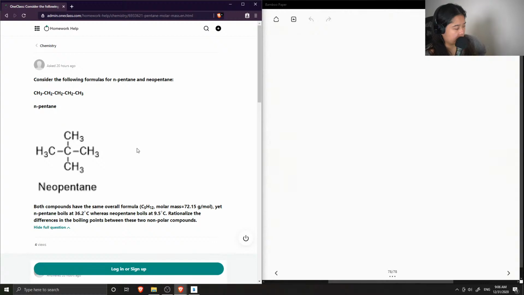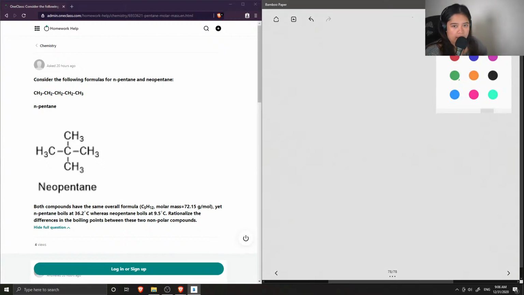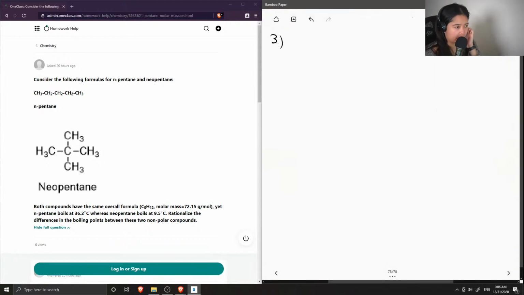Okay, so question number 2, or 3, I guess. Yeah, question 3. Consider the following formulas for n-pentane and neopentane. So let's draw them out. Okay, so pentane has 5 carbons, all in a line.